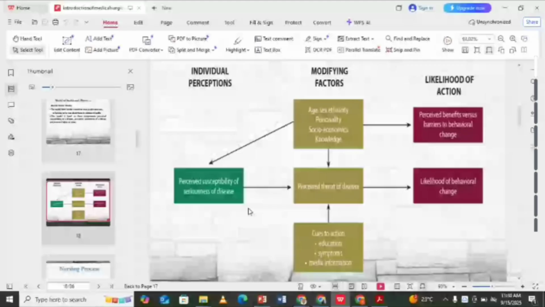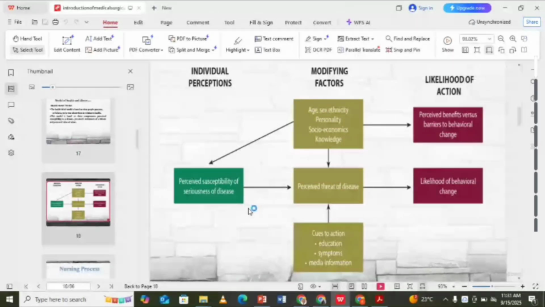How much am I susceptible to a given disease? How does this susceptibility create threat of a disease to me? Now, what are those modifying factors within my control that I can maximize on to maintain good health? What are those behavioral changes that I'm able to have control over?